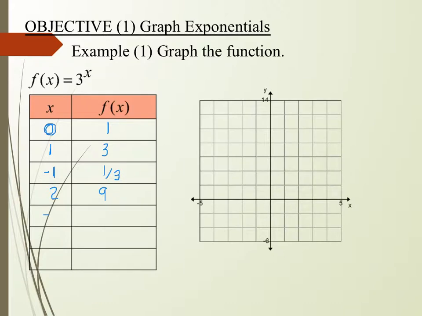Raised to the minus 2 power is now 1/9. And you can start seeing how this goes. If x is 3, we get 27. And if it's a minus 3, we get 1/27.